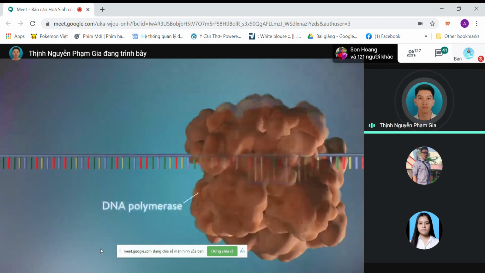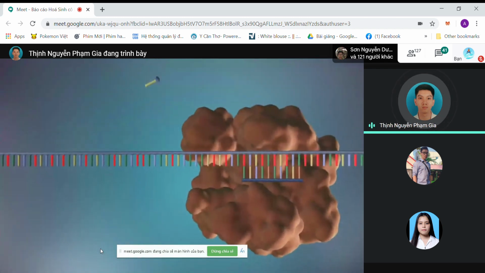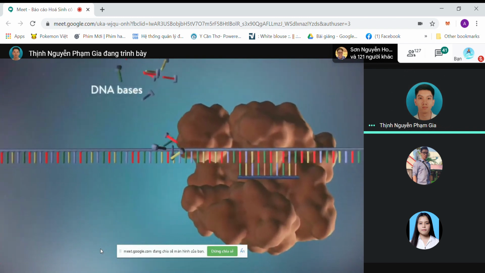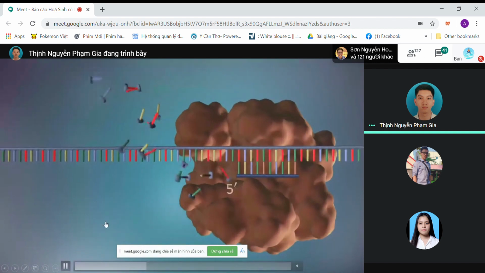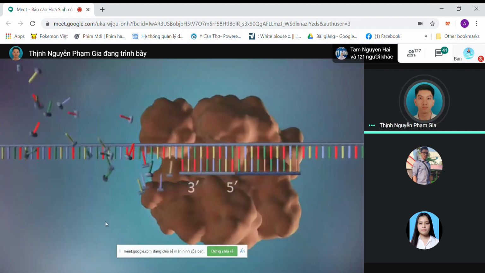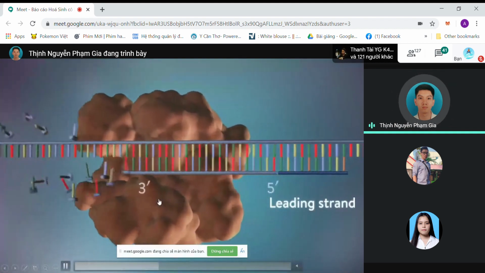After that, DNA polymerase III binds to the primer and makes new chains following the complementary principle.